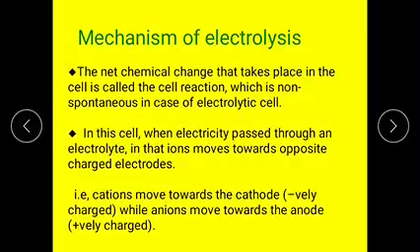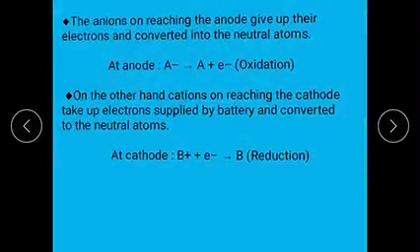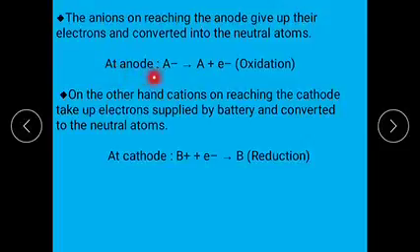That is, cations move towards the cathode side, which is negatively charged, while anions move towards the anode side. The anions on reaching the anode give up their electrons and are converted into neutral atoms. A minus is an anion. When it moves to the anode side, it leaves its electrons and forms a neutral molecule.